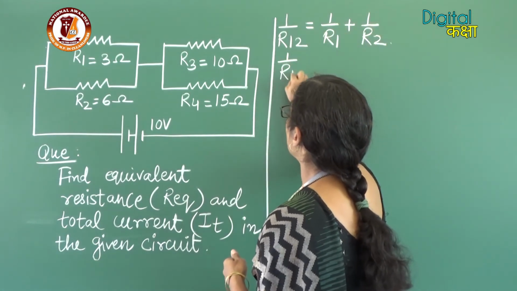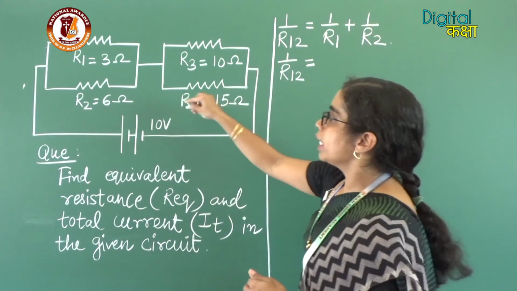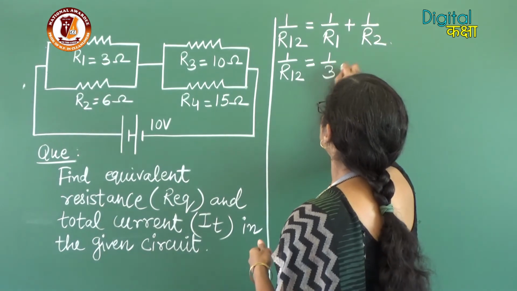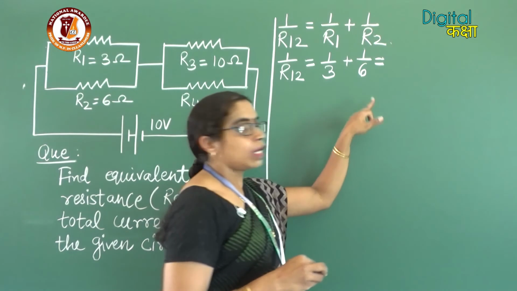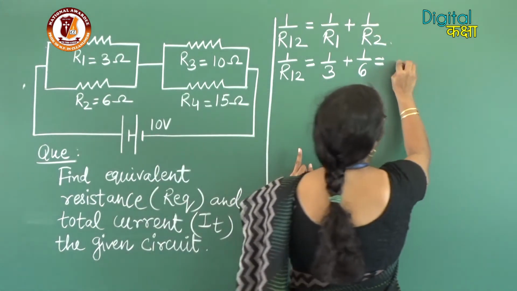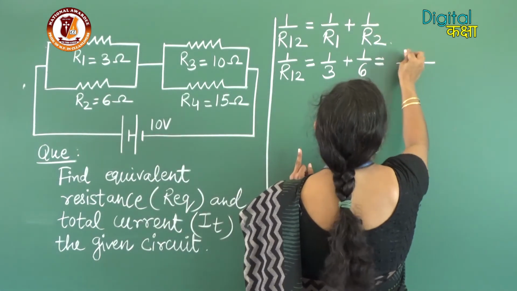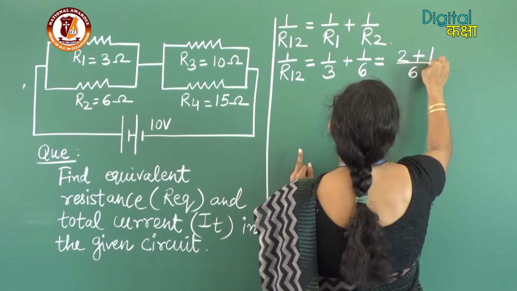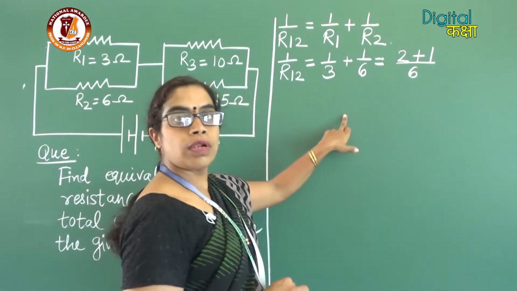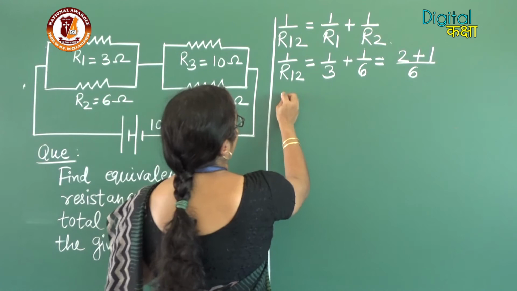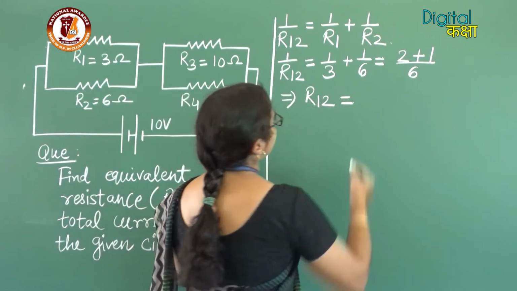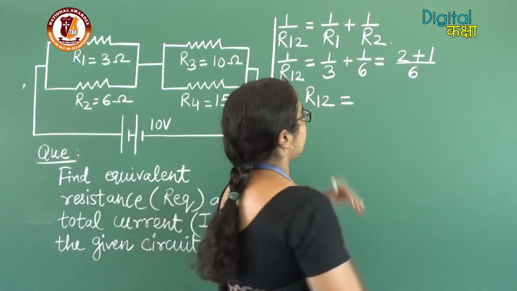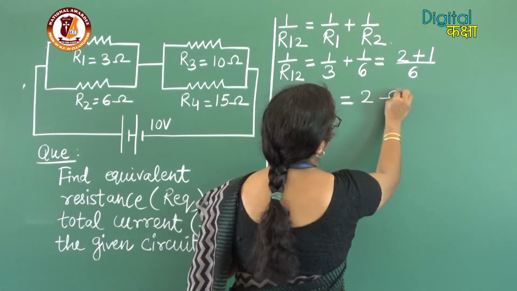On substitution of the values, we will be getting here 1 upon 3 plus 1 upon 6. After taking the LCM, here 6 will be the LCM and 2 plus 1. Solving it here directly, I can write R12 is equal to 6 upon 3, which will be equal to 2 ohms.